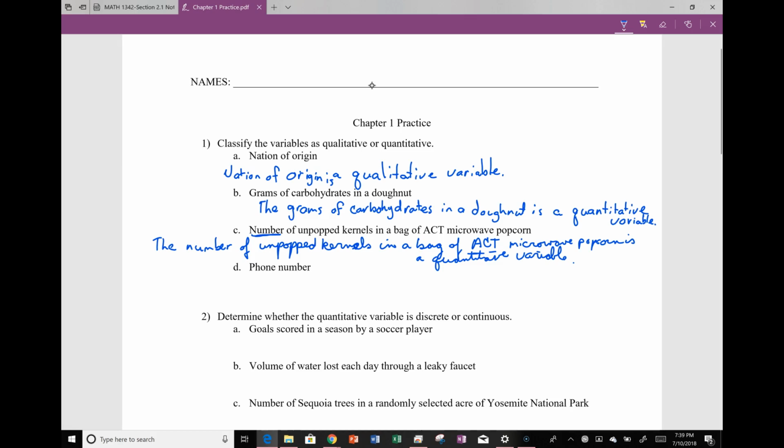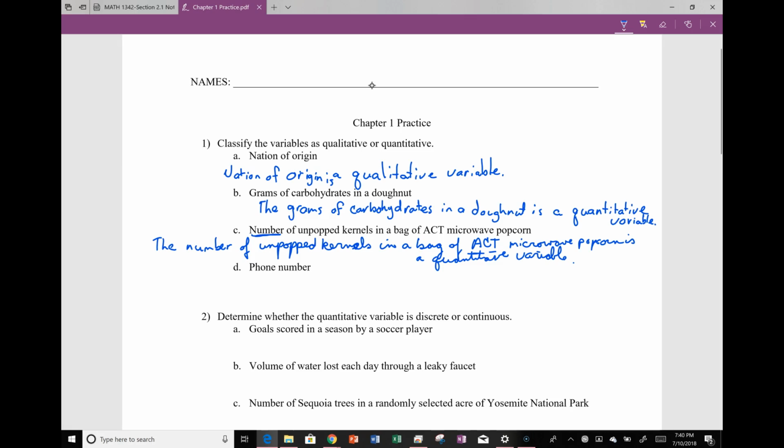A phone number is an identifier for one individual, one phone. Since it's an identifier and doesn't have something that we've measured, then it is going to be a qualitative, a categorical feature.